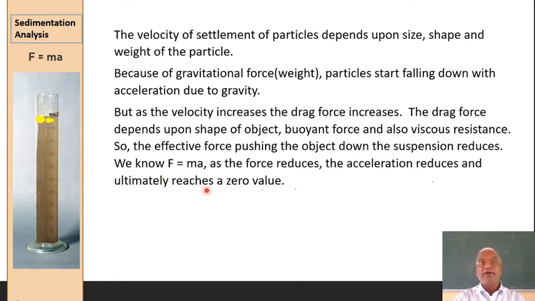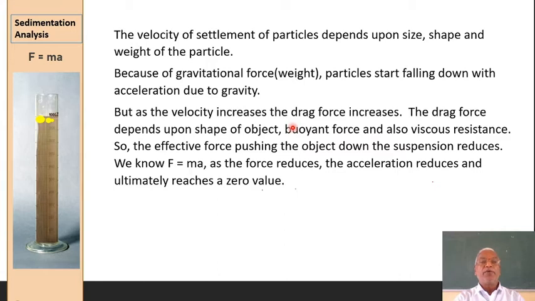Even in the case of air, when you allow an object to fall, depending upon the shape of the object, the velocity with which it falls will vary. If it is a smooth arrow-like object, obviously there won't be much resistance, and it falls fast to the ground. But if you have a round plate-like thing, it will not fall straight down; it will have resistance.